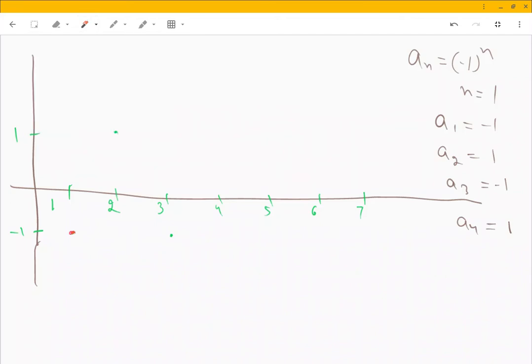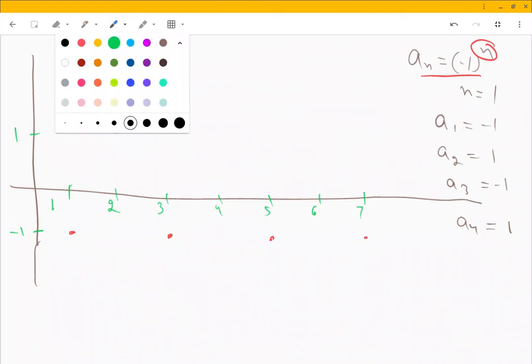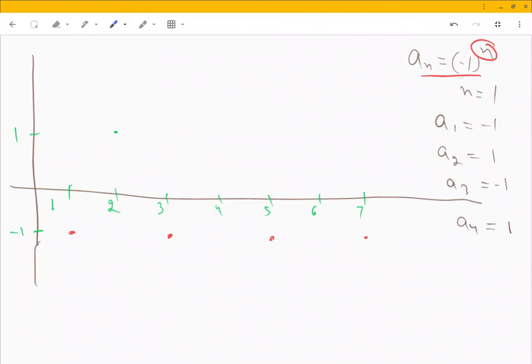Now, see, a1 is negative 1, a3 will be negative 1. Whenever n is odd, the value of the sequence will be negative. a5 will be negative 1, a7 will be negative 1. On the other hand, a2 will be 1, a4 will be 1, a6 will be 1, and so on.